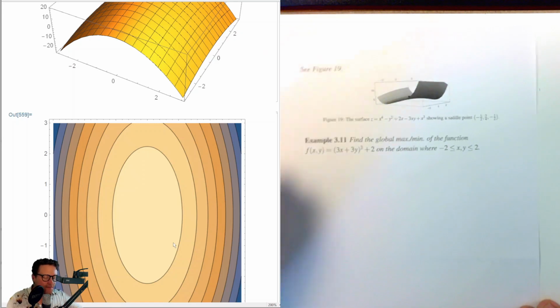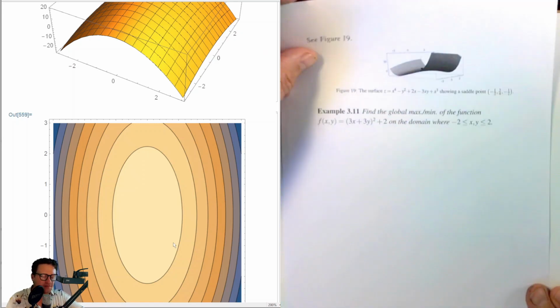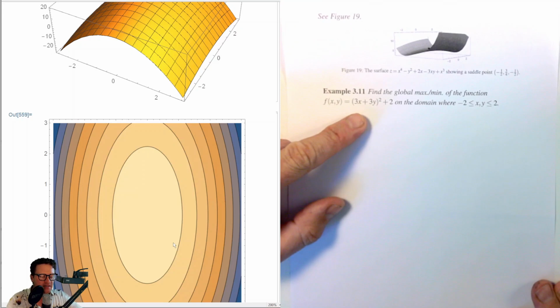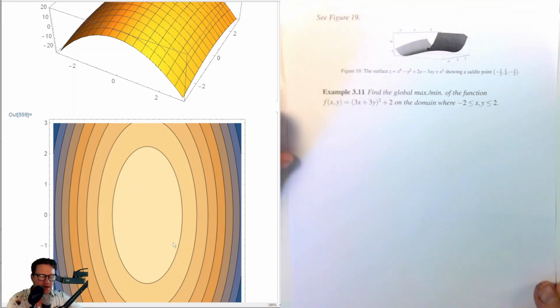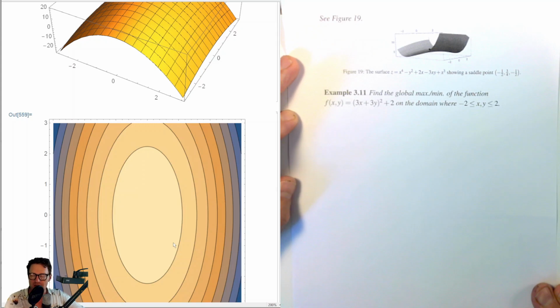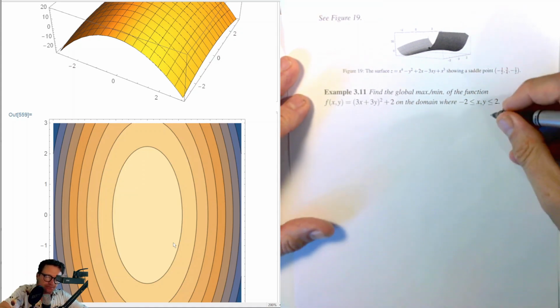Example 3.11. Find the global max or min of the function f of x, y equals (3x plus 3y) all squared plus 2, on the domain where x and y are between minus 2 and 2. Okay, so let's first draw a little diagram of this.